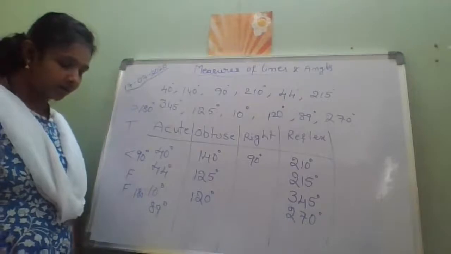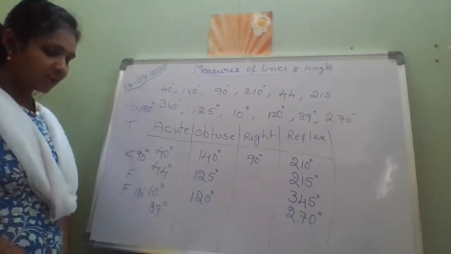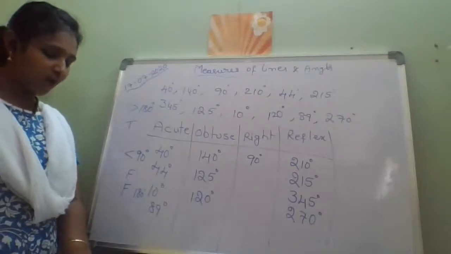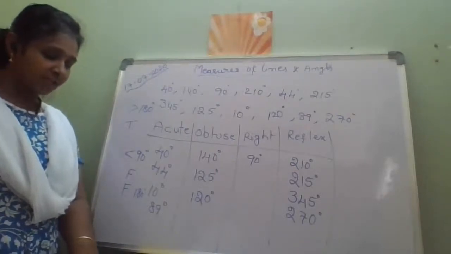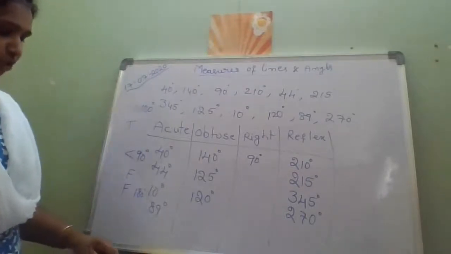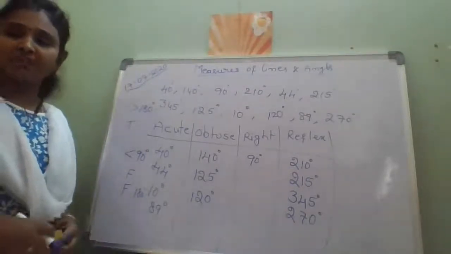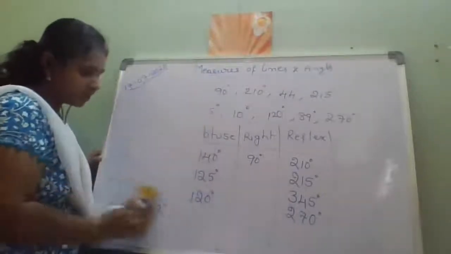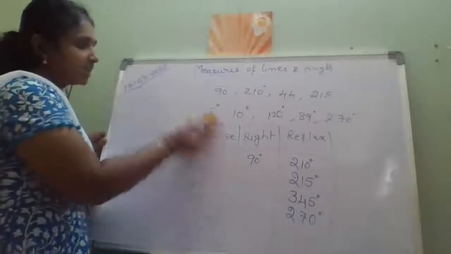Next one. Which angles in the adjacent figure are acute and which are obtuse? Check your estimation by measuring them. So now I will draw one diagram. In the diagram, which one is an acute angle, which one is an obtuse angle?